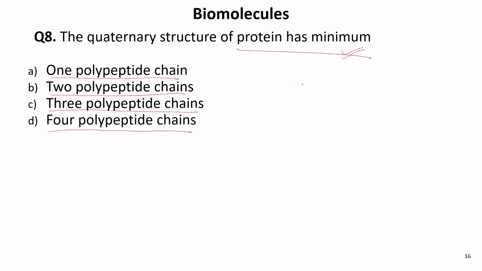So to form a quaternary structure, we require one subunit of tertiary structure, and similarly one more subunit, a second subunit. That subunit can be the same or different.